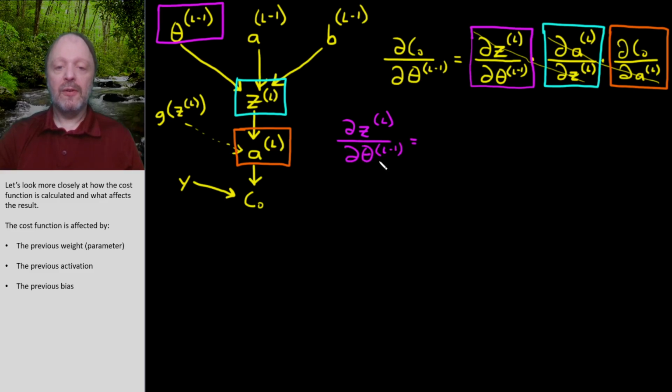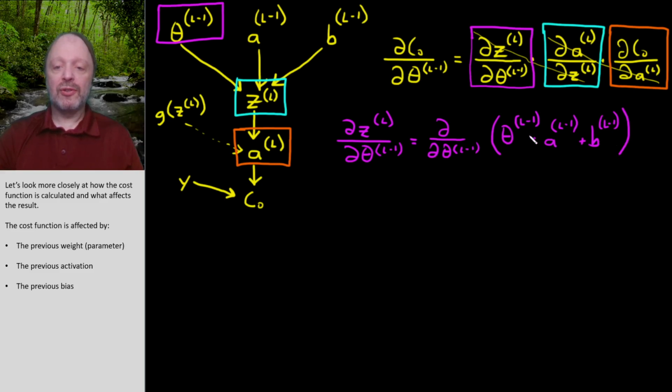What does that equal? Well, it's the partial of z with respect to this. What is z? Well, that is the partial with respect to theta L minus 1 of theta L minus 1 times activation L minus 1 plus bias L minus 1.